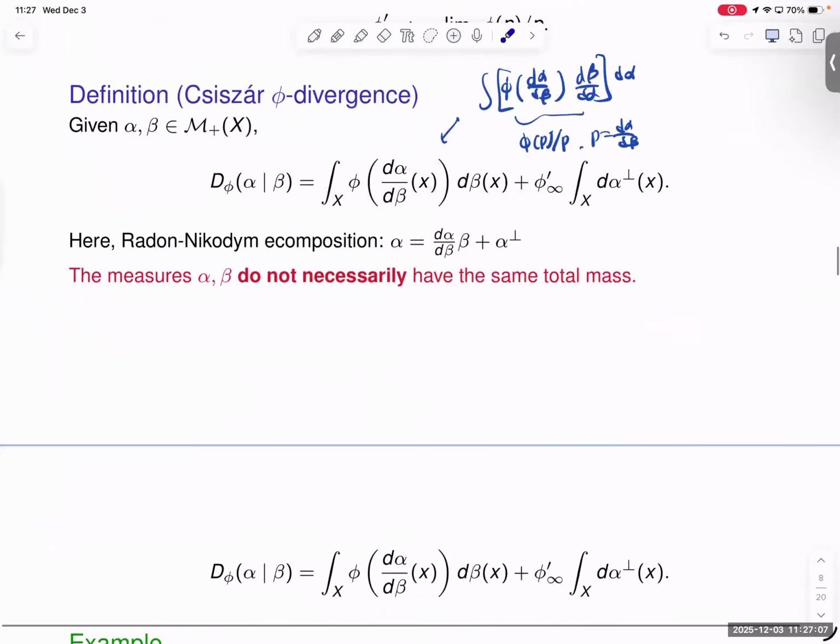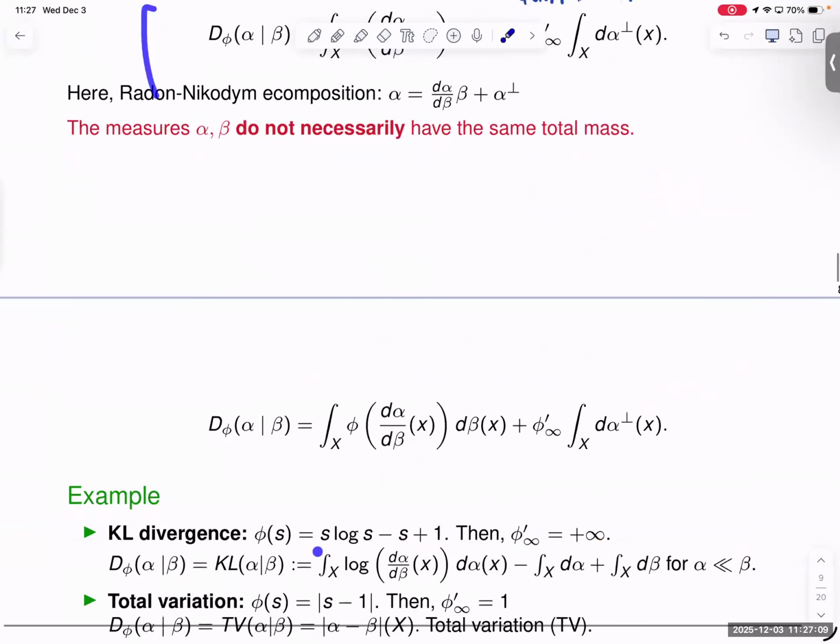In this context, you can just slightly modify the expression, but essentially it's the same expression we saw in the Kullback-Leibler divergence. So the function phi is this one, s log s minus s plus 1. So this function should look like this: when s is 0, it is 1, and when s is 1, it's 0, and it should look like this.